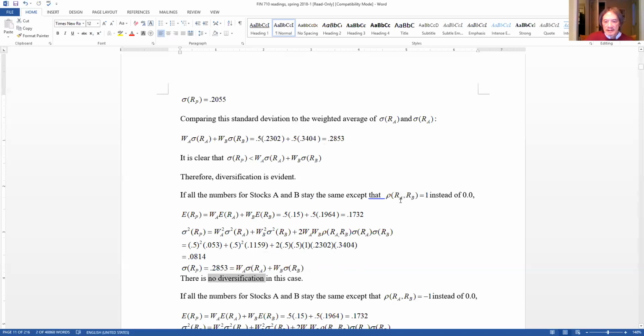So there's no offset from combining the two assets. So there will be no diversification benefit.